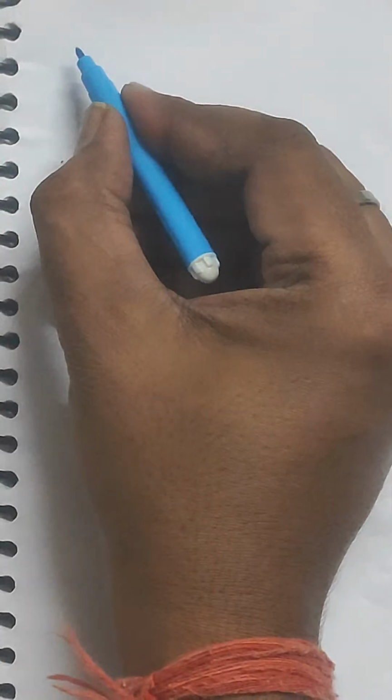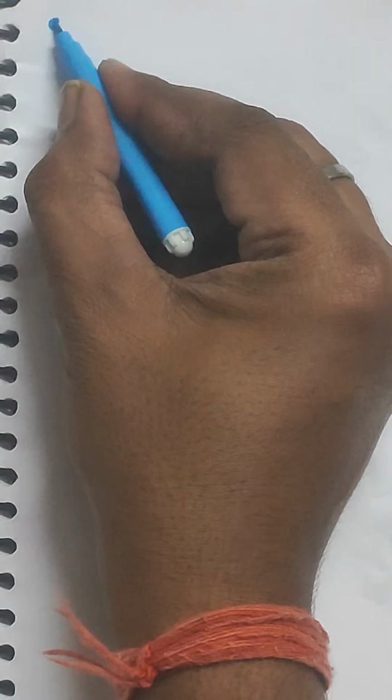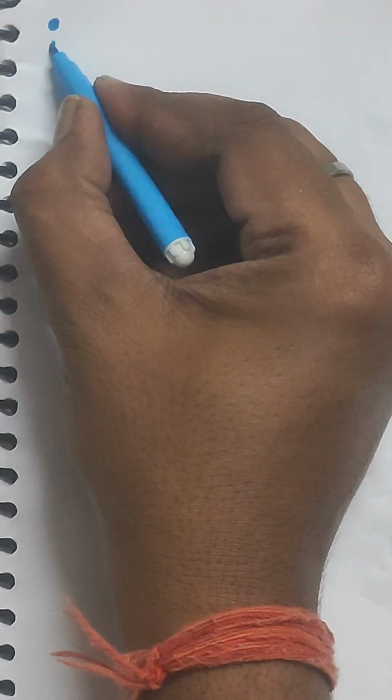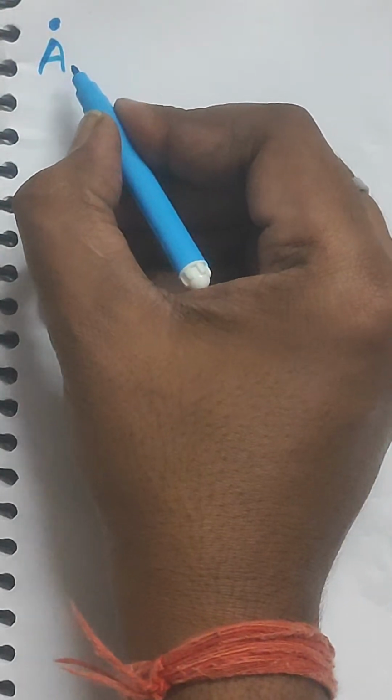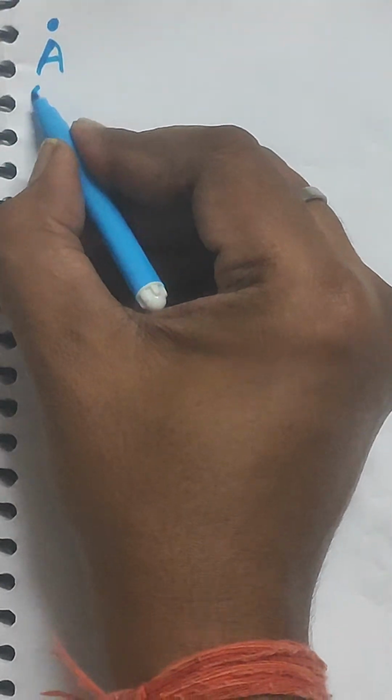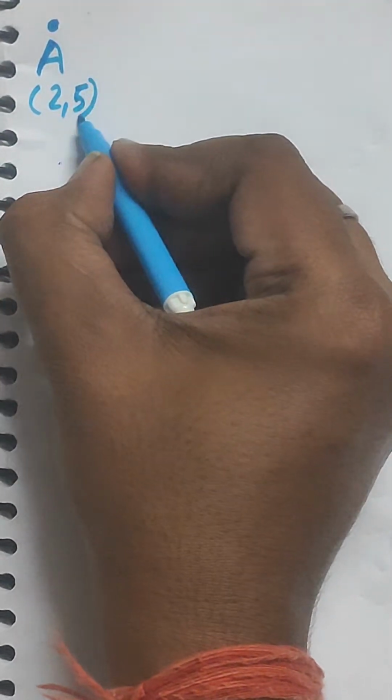And into the first question, it's given that the point C (-1, 2) divides internally the line segment joining points A and B in the ratio 3:4. So first of all, we need to understand there is a point A whose coordinates are given to you, that is (2, 5).